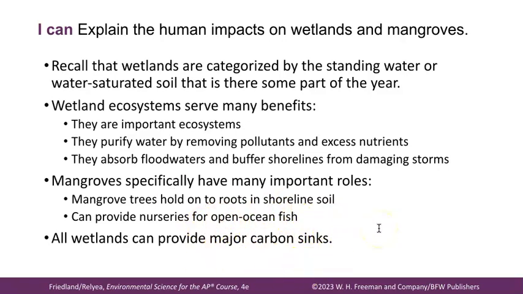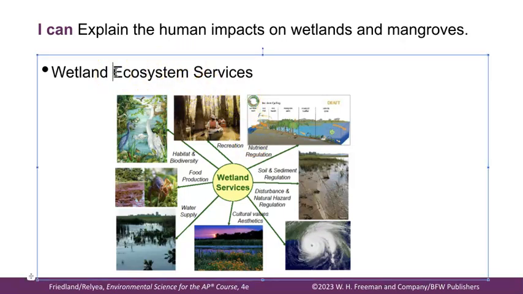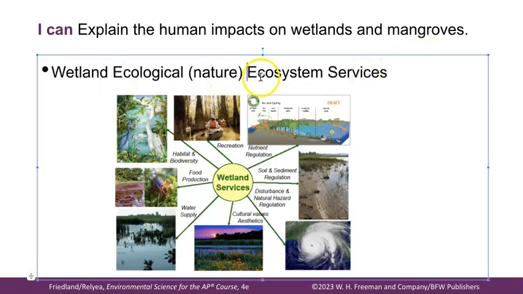All right, so this is a review of a lot that you learned in Unit 1 with our aquatic biomes. Ecosystem services is what you learned in Unit 2. And so these are all the things that provide, actually some of these are wrong. So let me actually adapt this. So we have ecological benefits for nature, and ecosystem services.